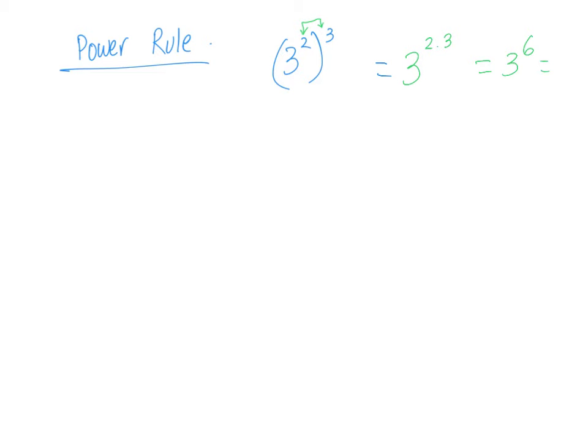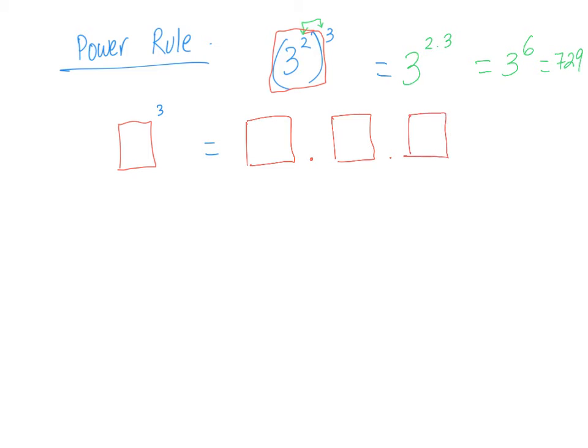And then we can solve that as 729 using a calculator. So how did we get this? Let's take this blue box and put it in a red box. Now we've got this red box and we have an exponent of 3. What we are saying is let's repeat this red box 3 times. And now what's in that red box? It's 3 squared, 3 squared, 3 squared. Now let's solve the red boxes.